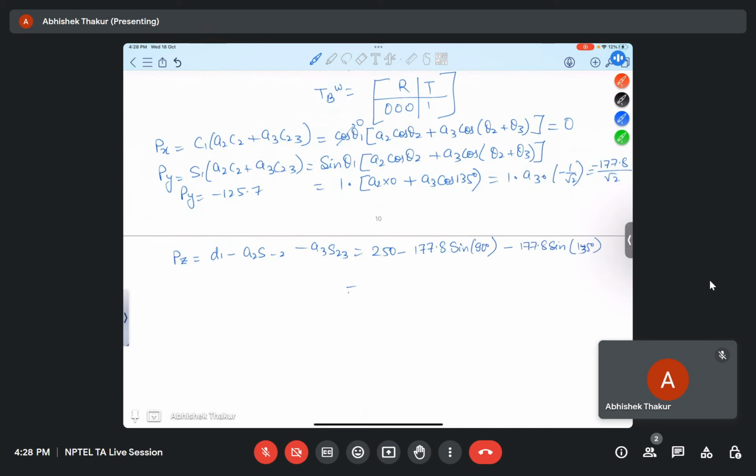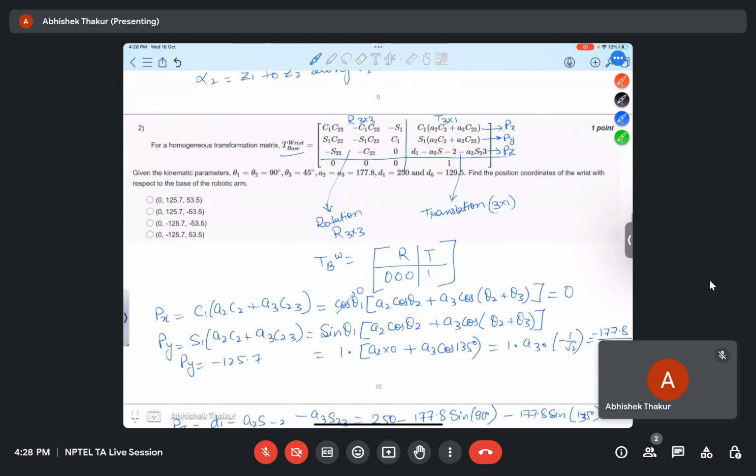So when you calculate this, you will get 250 minus 177.8 into 1 minus 177.8 into 1 by root 2. So the final answer will be minus 53.5. So the correct option is option C in this question, that is 0, minus 125.7 and minus 53.5.